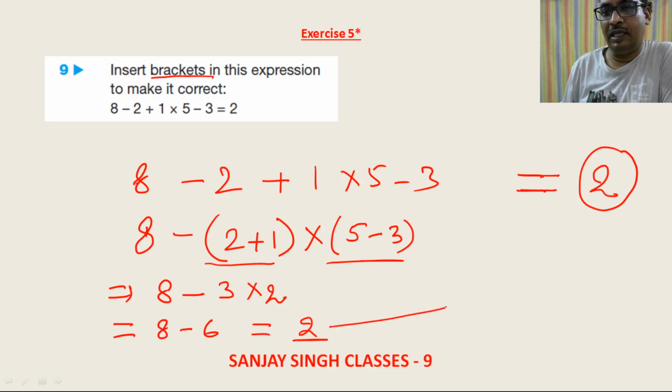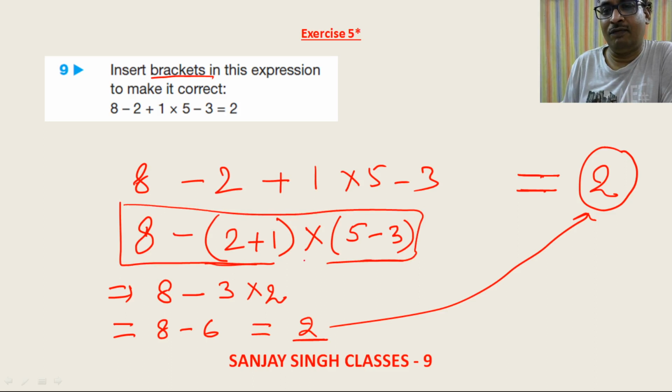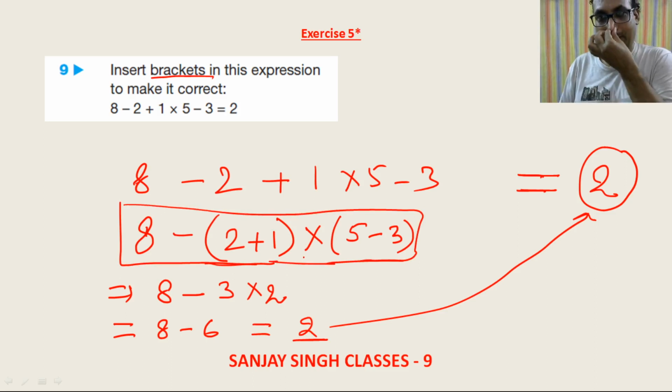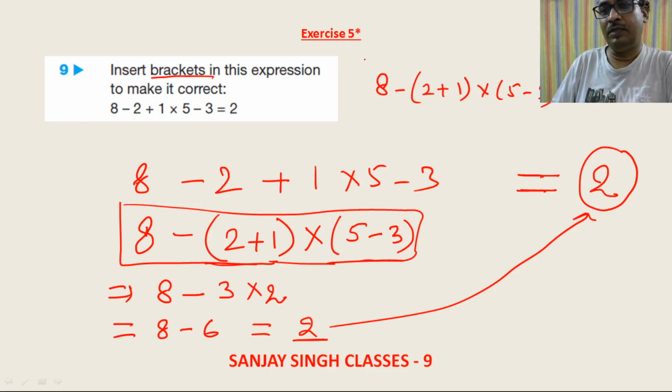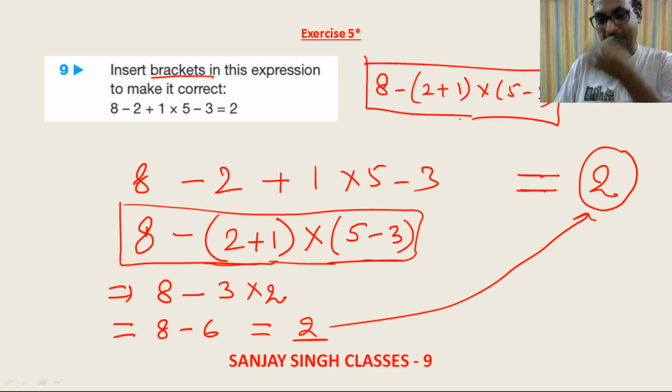So we need to put the brackets in this fashion. The expression after putting brackets is 8 minus (2 plus 1) into (5 minus 3).